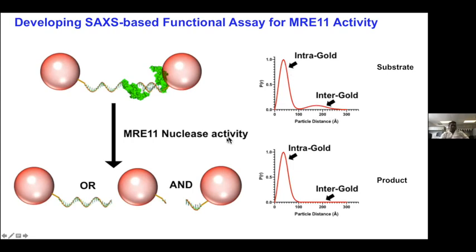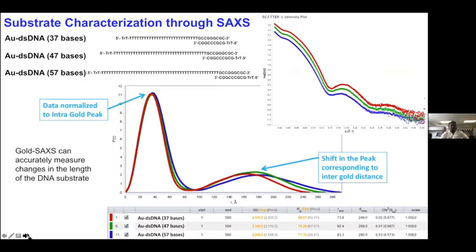After MRE11 nuclease activity, you should see a decrease in the amplitude of the PDDF for the inter-gold peak, where you normalize your data to the intra-gold peak to account for changes in the concentration of the gold nanoparticles in your experiment.